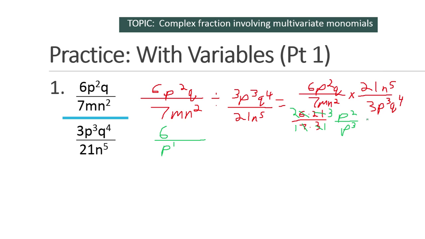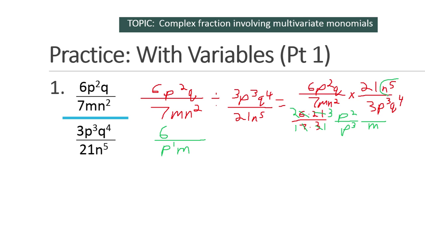Okay, let's look at the next one. We'll start with actually m and n. So you can see right here, there are no m's on top. There's only an m on the bottom. So if there's only an m on the bottom, we don't have to worry about that. That stays on the bottom. Okay, then we do the n's.